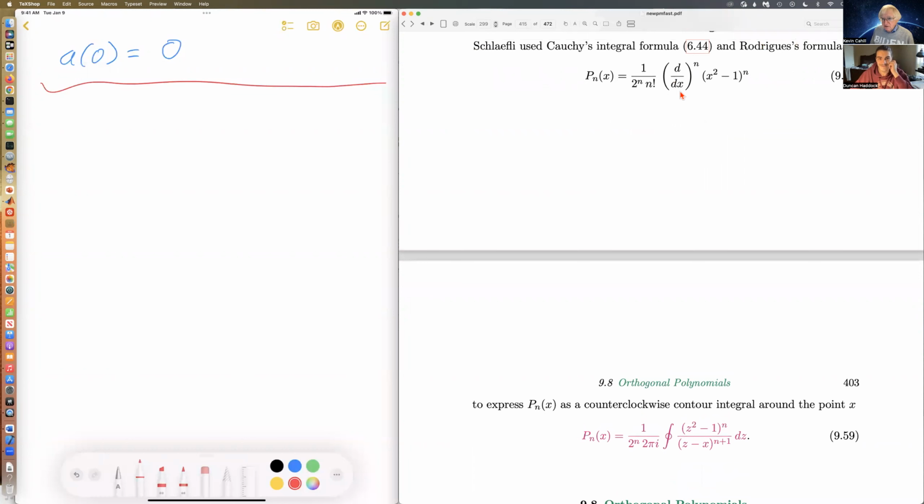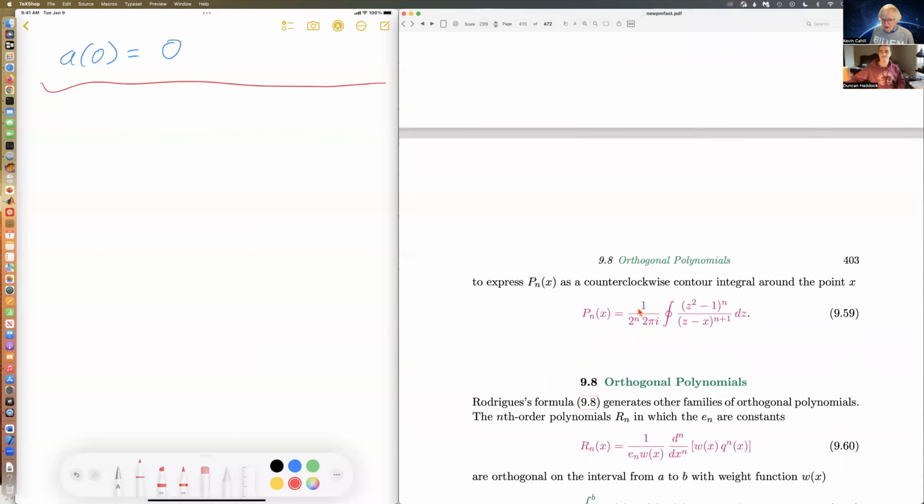Schlaefli then said, well, we can use Cauchy's integral formula to evaluate that as. So what we do is, because it's the nth derivative, we have z minus x to the n plus 1. And because the function is x squared minus 1 to the power n, we have z squared minus 1 to the power n. And the rest of it is 2 to the n, 2 pi i.